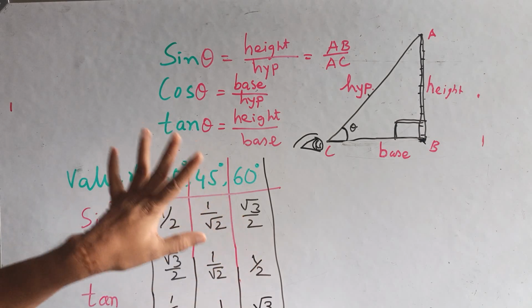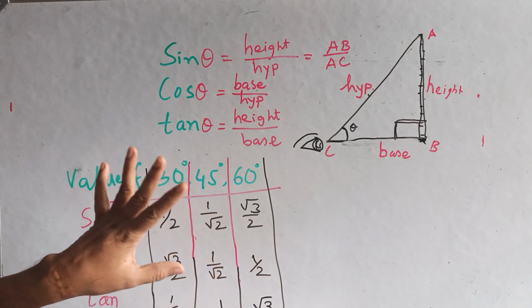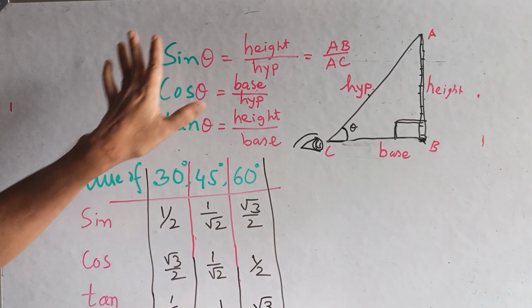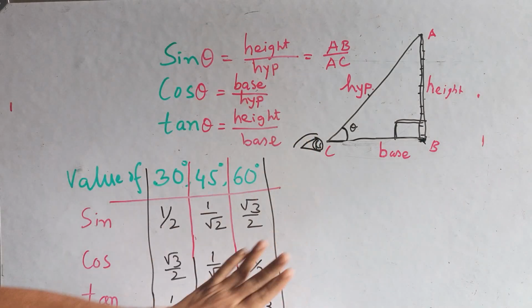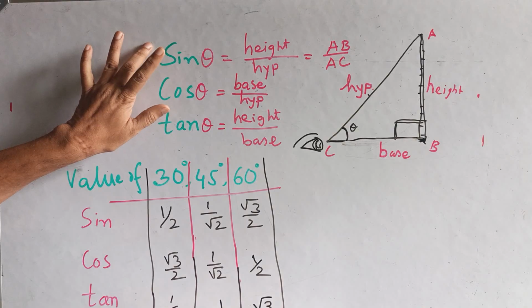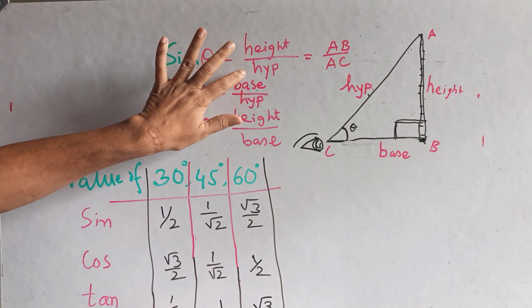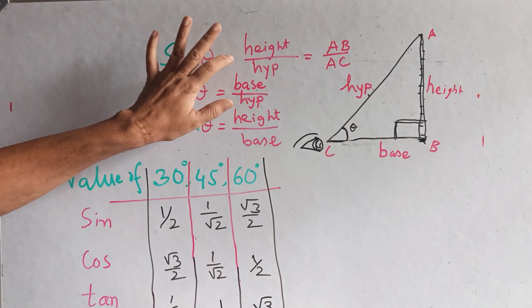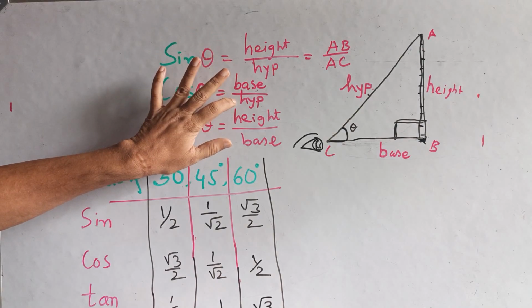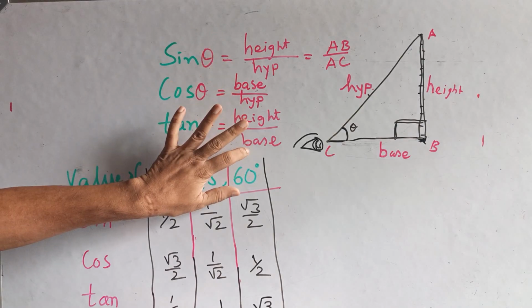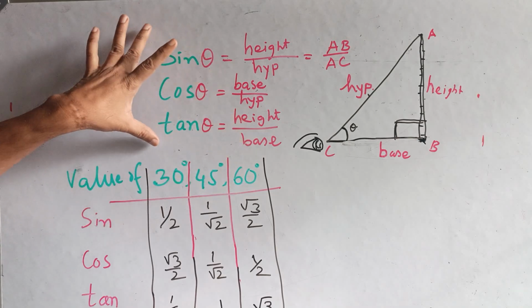Without that it will be very difficult. So please, till you are comfortable, keep revising this part. What is the definition? Sine theta is height by hypotenuse, cos theta is base by hypotenuse, and tan theta is height by base. This definition has to be remembered.